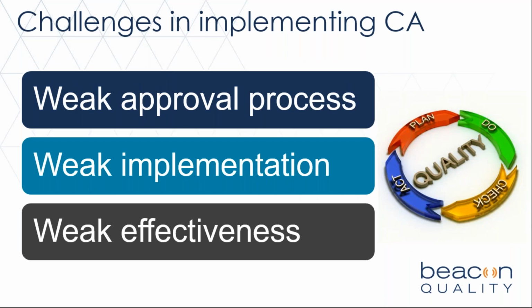So there are challenges in implementing the corrective action. Basically, if you look at it, why is there a weak approval process? What do I mean by weak approval process?